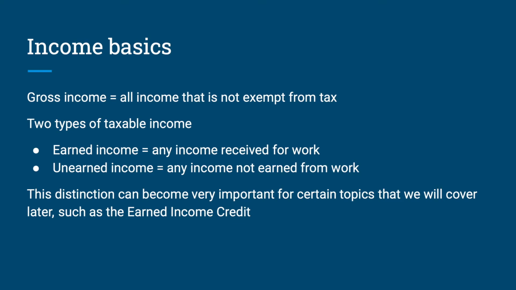An example of unearned income for most people would be if they sell stock, because unless they're a professional stockbroker, that is not their main job. It is something that they are doing on the side, and it's more of a passive income, not something that they are deliberately laboring at and working for. This distinction is very important for certain topics, which we will cover later in detail, particularly the earned income credit.